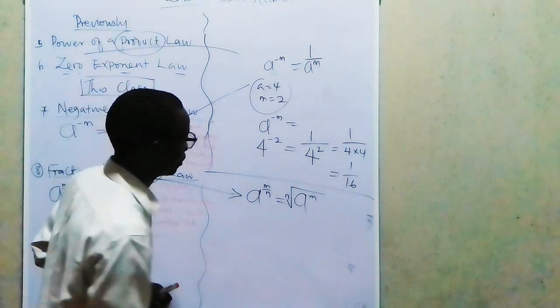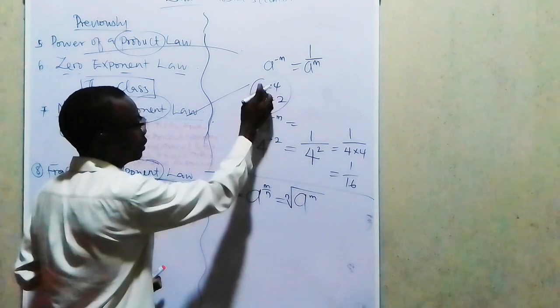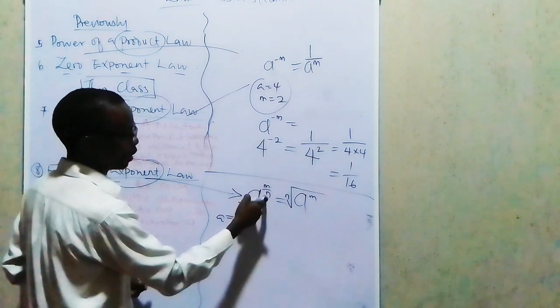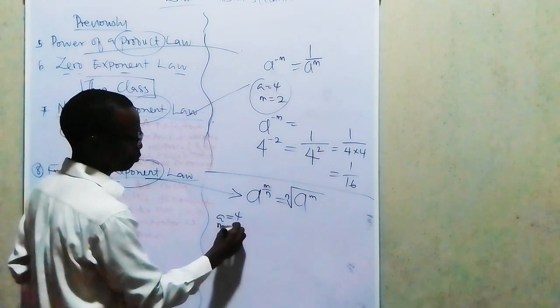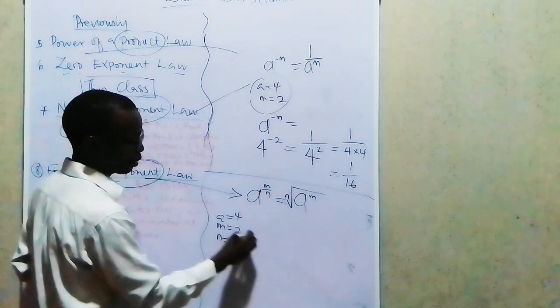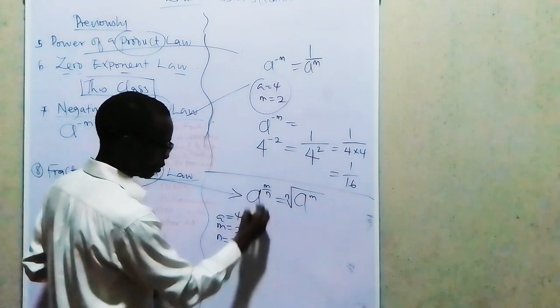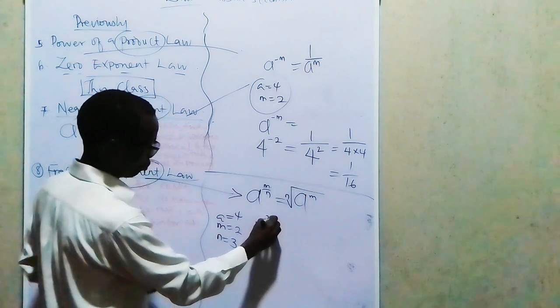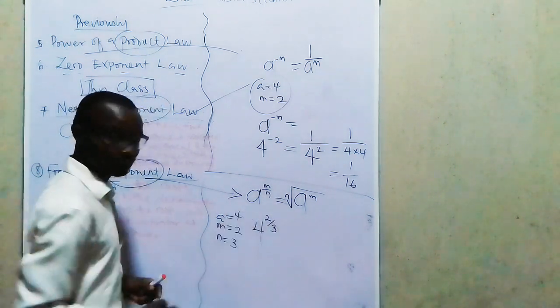Now let's use numbers. If we have, in this case, a being 4 and m being 2, and then n to be 3. What that simply states, if we bring it here, is that a is 4 raised to the power of 2 over 3.